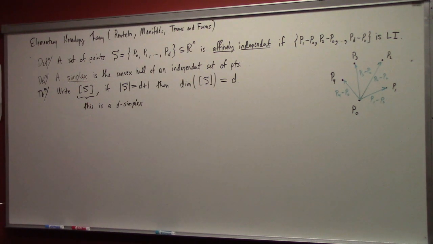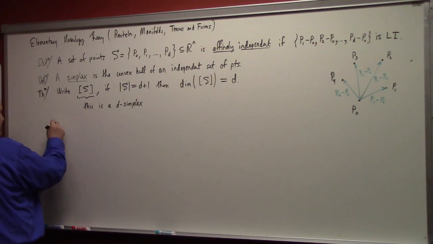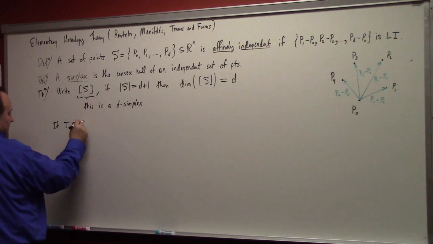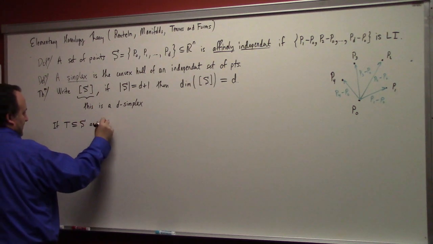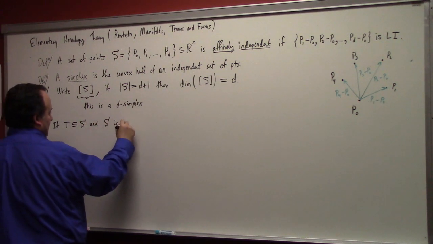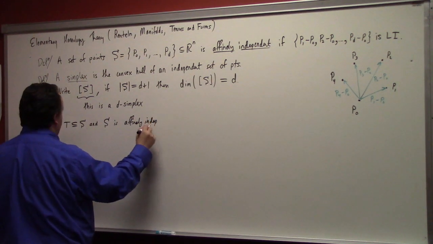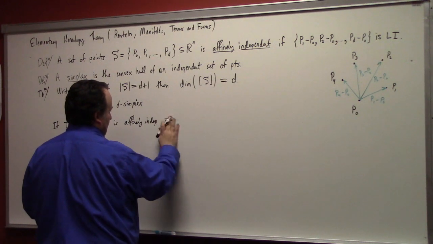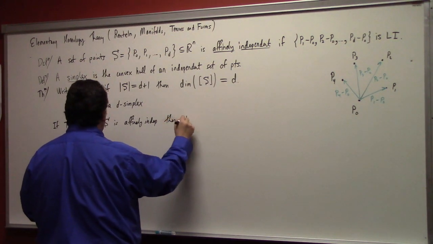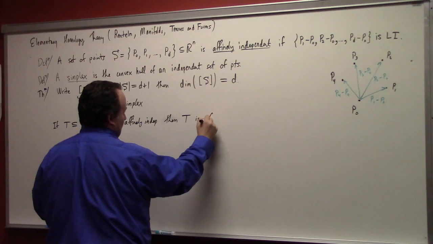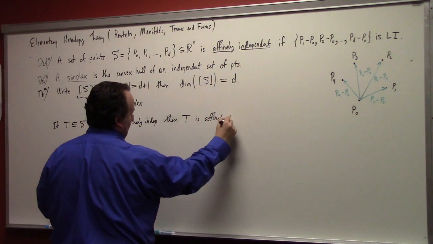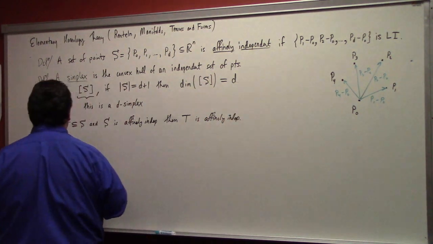Now here's another theorem. A subset of an independent set of points is itself independent. So if T is a subset of S and S is affinely independent, then that implies T is affinely independent.